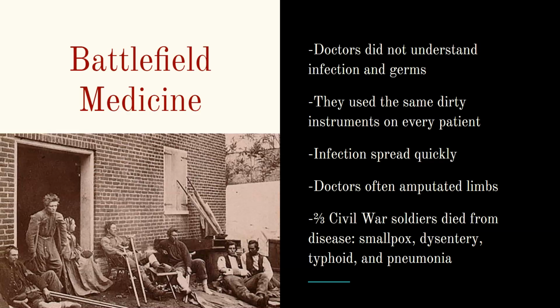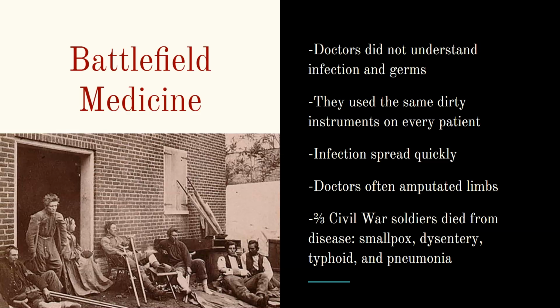They would often have to amputate limbs to keep infection from spreading. Antibiotics didn't exist yet. So if you were injured on your hand or your foot, you would usually have to lose your whole arm or your whole leg so that your whole body didn't get infected and you would die. There were no antibiotics to stop that. So they would use the same saw to cut off your leg and to cut off his leg and to cut off his arm.